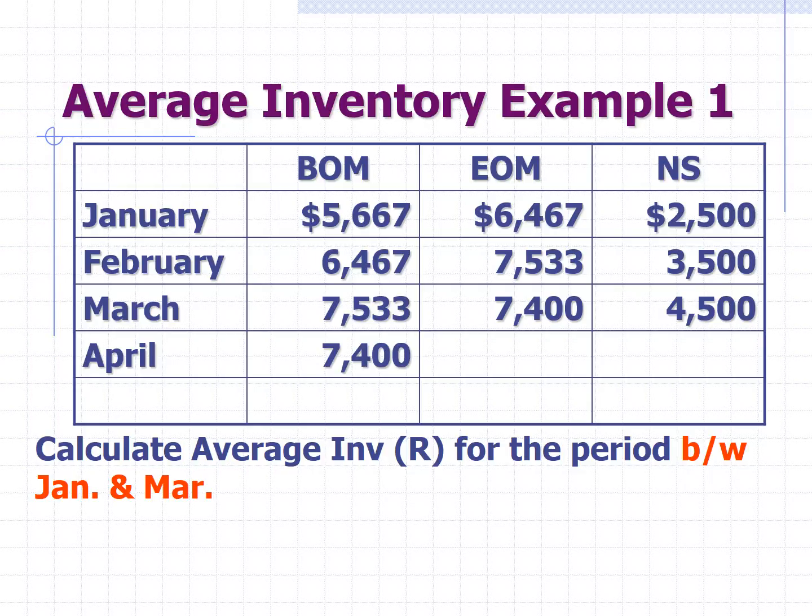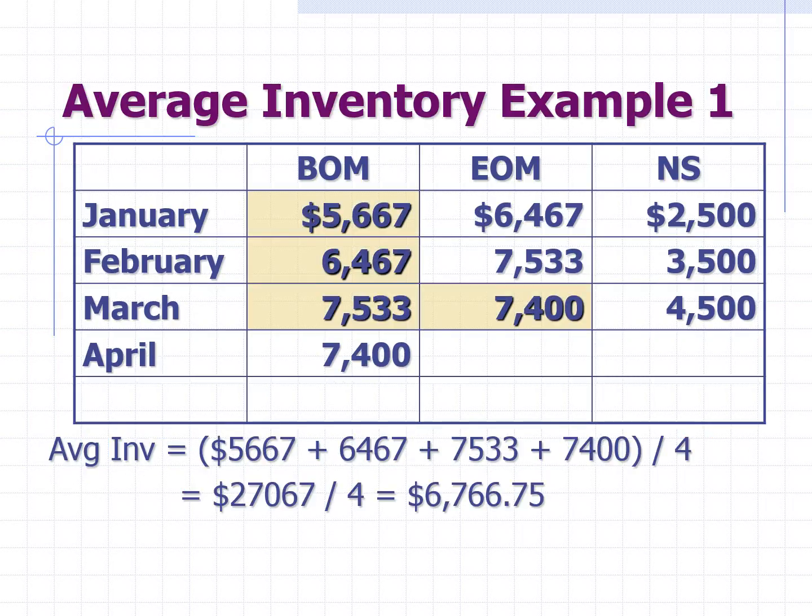Right? So what we will have to do is sum the BOMs of January through March and the EOM of March, the last month, okay, and then divide that by 4, since 3 BOMs and 1 EOM were added in, right? So divide the sum by 4, okay? Let's work on it. Pause the video.